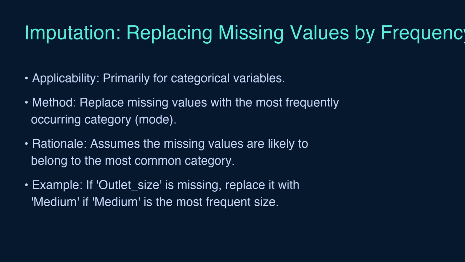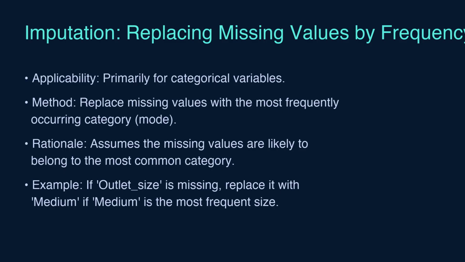Moving on to imputation. One effective strategy for categorical variables is to replace missing values with the most frequent class, also known as the mode. The rationale here is based on the assumption that if we don't know the specific category, the most probable category for a missing instance is the one that appears most often in the existing data.